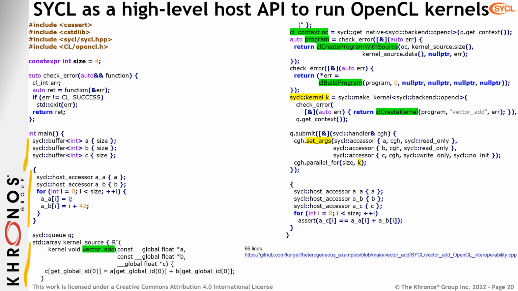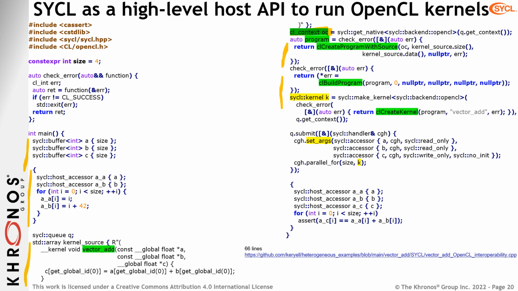And to compile this OpenCL C code with the C API, we need to get some OpenCL context here. And from this, we can compile our kernel code with clCreateProgramWithSource from OpenCL.